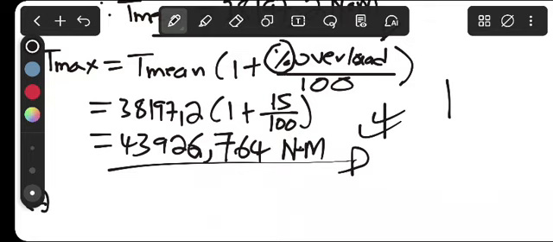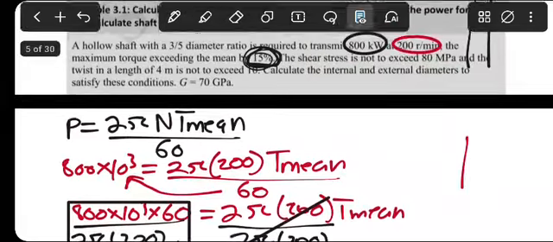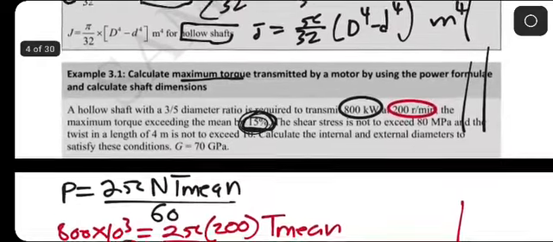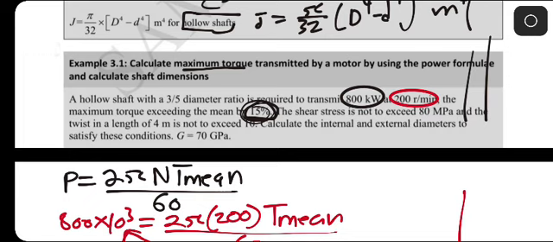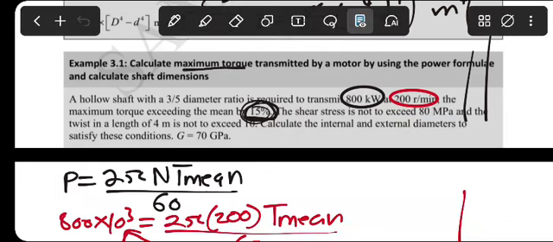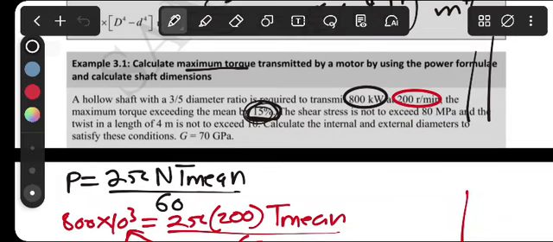We have given our ratio here, where the ratio of the hollow shaft diameter is 3 to 5, diameter ratio, right? So as you can see here, we've given that 3 to 5. Ratio is fine, we have that.